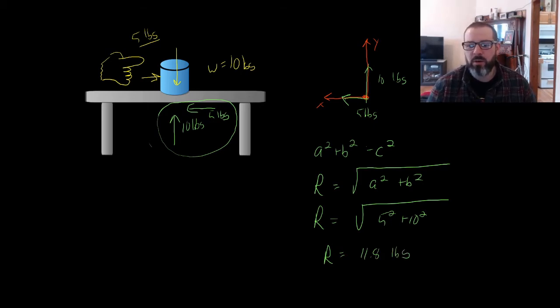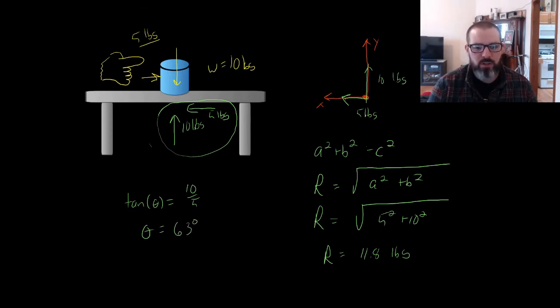If I want to find out what angle this force is occurring at, I can use the tangent. So the tangent of theta is equal to the opposite over adjacent, or the rise over the run, however you want to put it. In this case, it's going to equal 10 divided by 5. And if I do the inverse tangent, I'll find that theta is equal to 63 degrees.